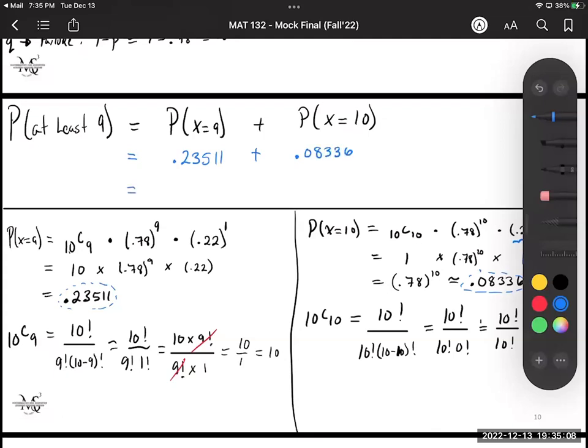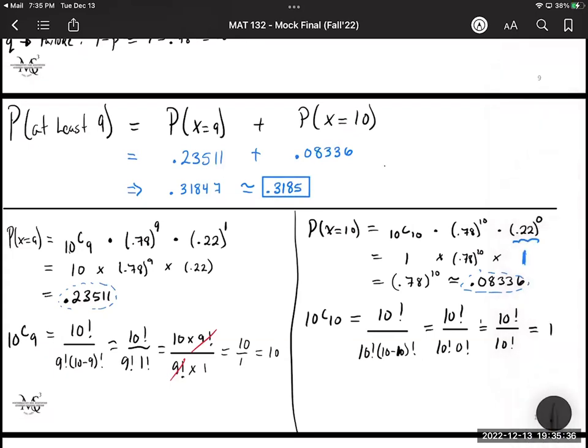When I add these two values, let me know what I get. 0.31847. Because sometimes the problem might ask you to round to 4 decimal places, now you can round this final answer to 4 decimal places and you can get 0.3185. And that would be your final answer. Put a smiley face.